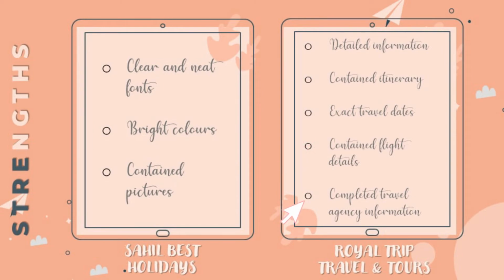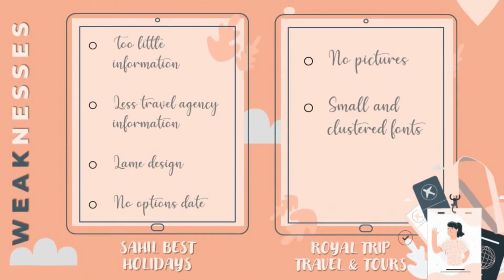There is also complete information about the travel agency, such as where and how to reach them for any inquiries or questions. Although both tour brochures are well created by both travel agencies, there are also a few weaknesses that can be improved another time. As for the local tour brochure, we found that Sahil Best Holidays provided a bit too little information.